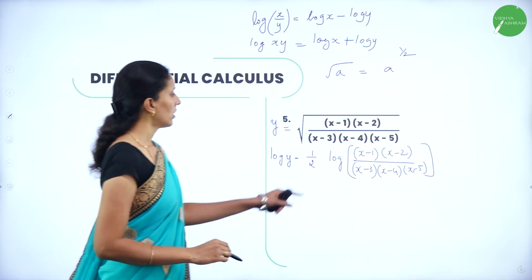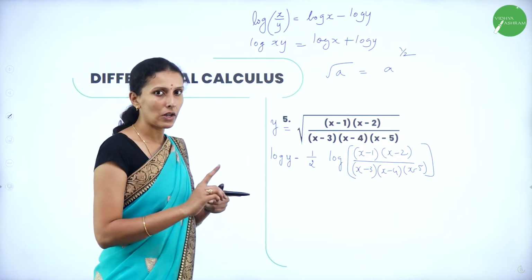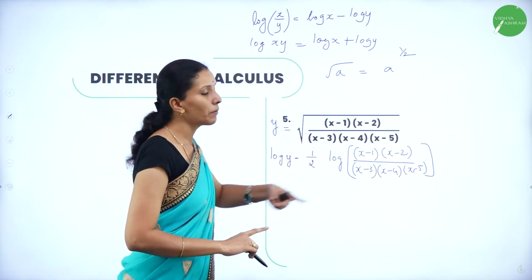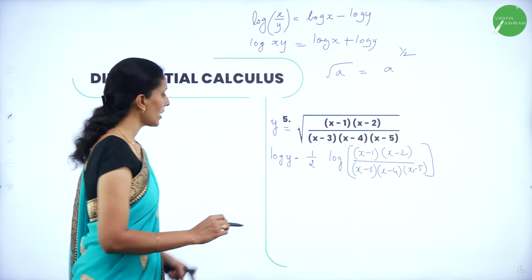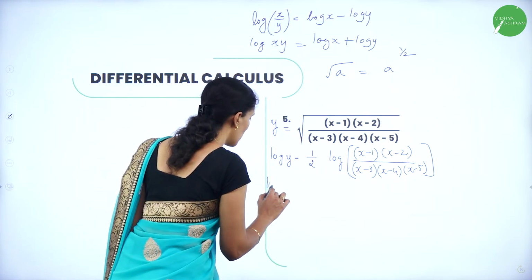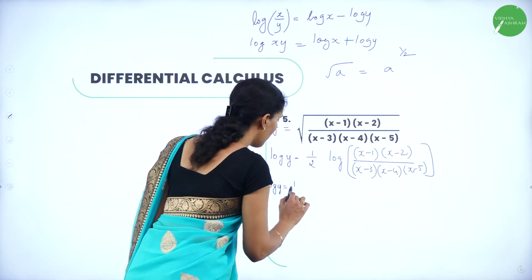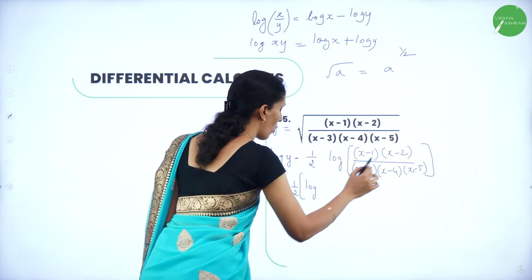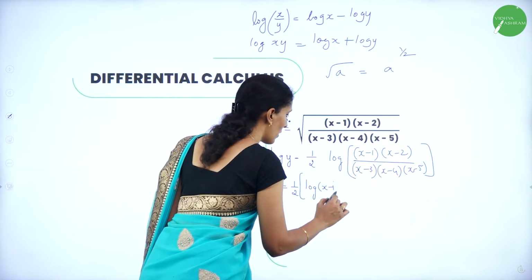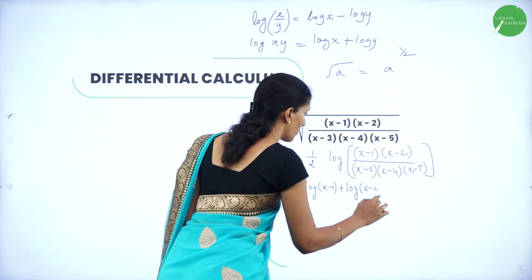Now therefore, the product which is in the form of log xy, split it as log x plus log y, and the numerator and denominator in the form of log x minus log y. So the equation here becomes log y is equal to half log into, here we have a product, x minus 1 plus log x minus 2.